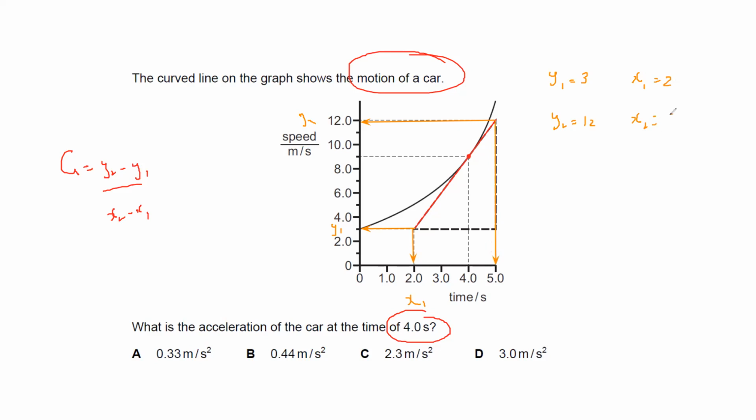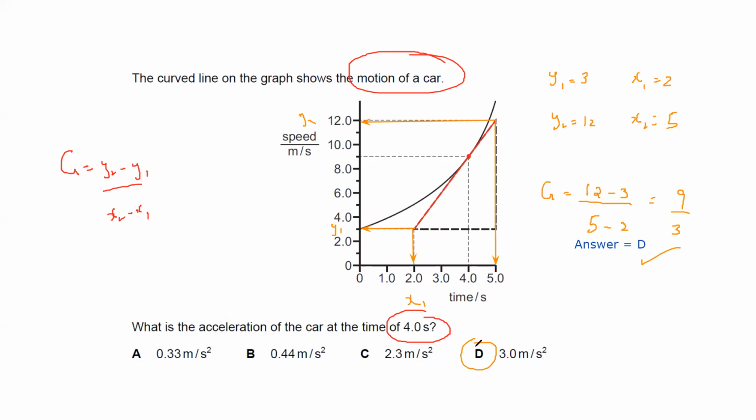So half of this question is already done for you. You just have to work out the gradient, and that will be the acceleration. The formula for gradient is y2 minus y1, so 12 minus 3, divided by x2 minus x1, so 5 minus 2. 12 minus 3 is equal to 9, and 5 minus 2 is 3. So 9 divided by 3 is equal to 3 meters per second squared.